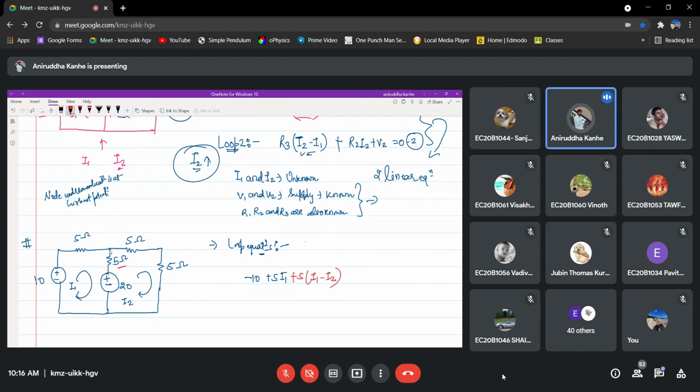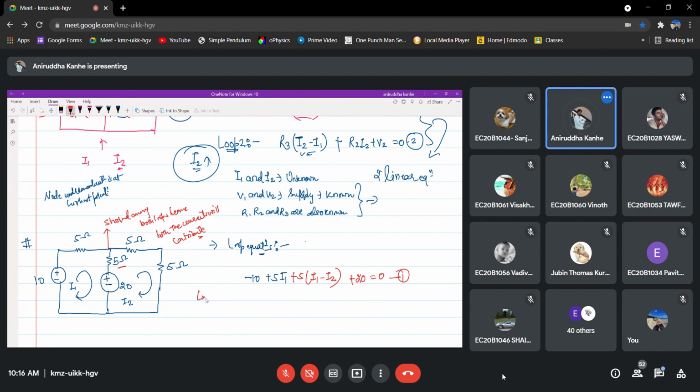Because this branch is shared among both the loops. Hence, both the currents will contribute. Hence, you have to write plus 5 into I1 minus I2. What about the next term? Plus 20, absolutely right. This is equal to 0. So this is equation number 1.